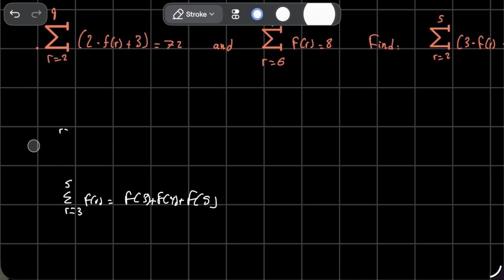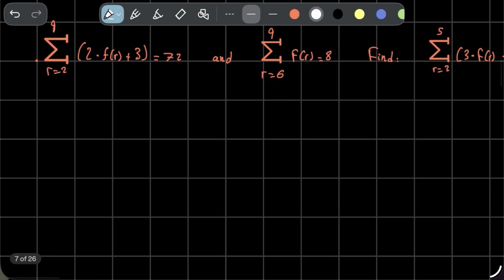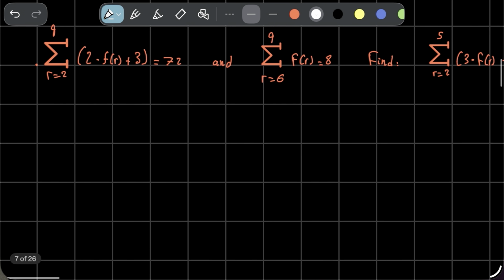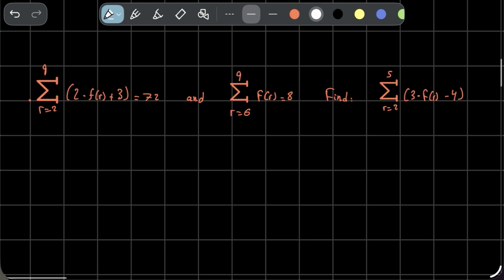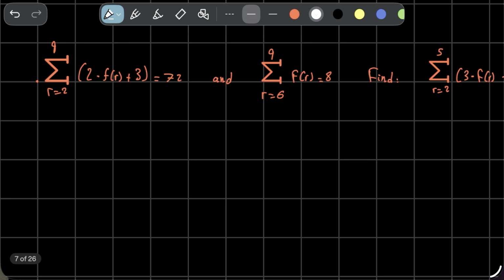Now let's see how we would solve this question. Mind you, this is not a general separate rule. This is just something that you would notice even in the exam, with no rules. This is kind of intuitive. One thing I forgot to mention is that when we have the sigma from r equals k to n of c, where k, c, and n are all constants, this is equal to c times n minus k plus 1.